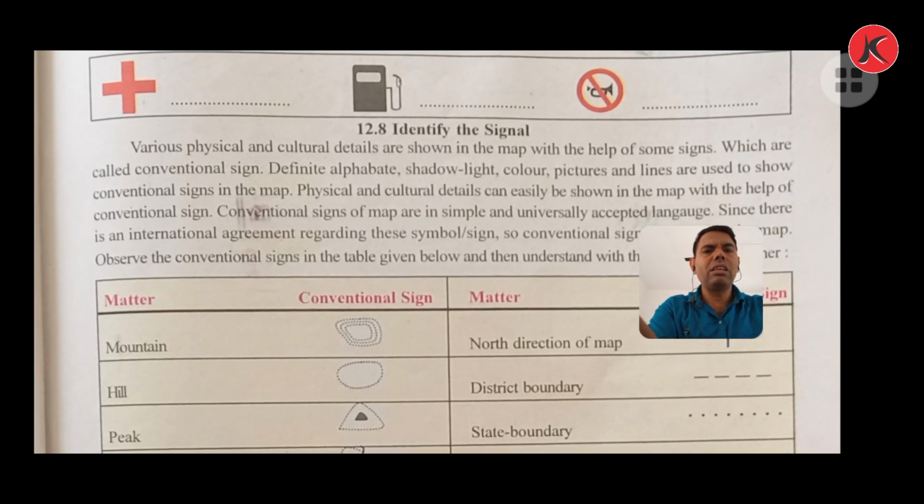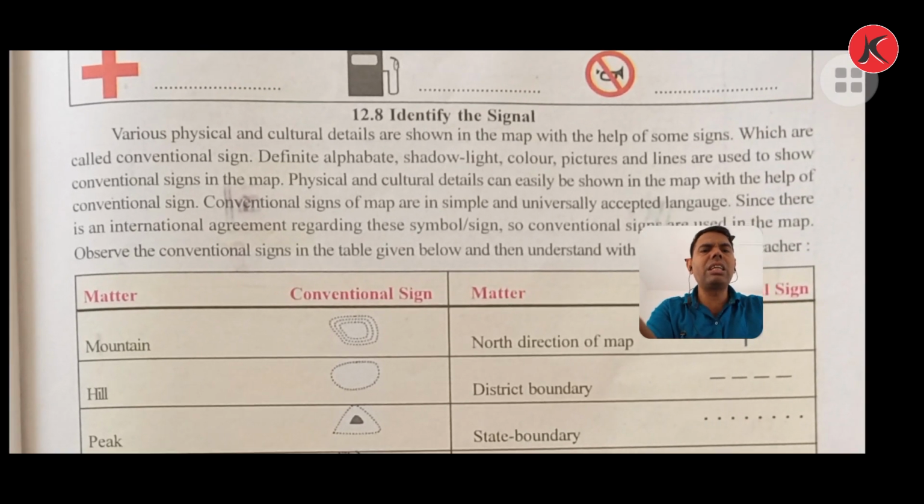After that, various physical and cultural details are shown in the map with the help of some signs, which are called the conventional signs. Definite alphabets, shadow, light, color, pictures, and lines are used to show the conventional signs.